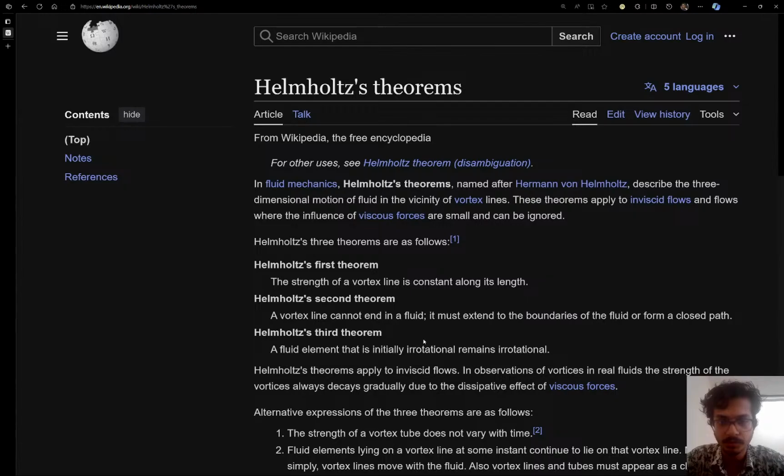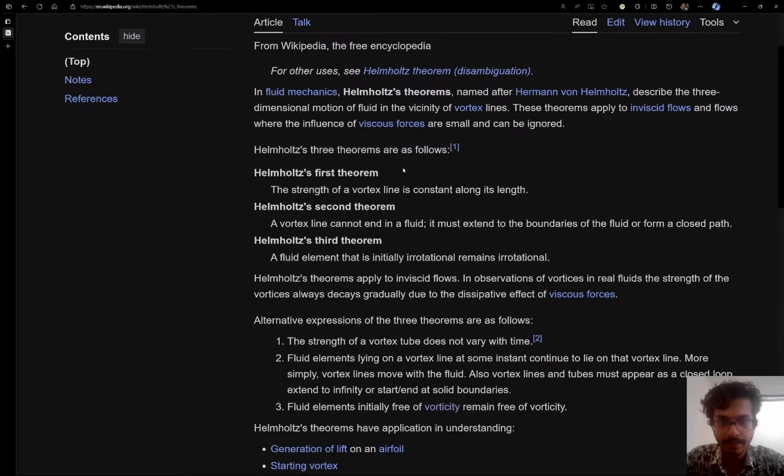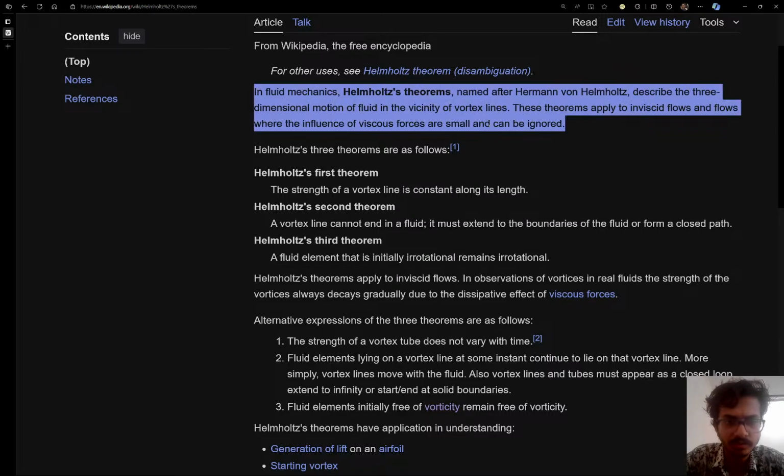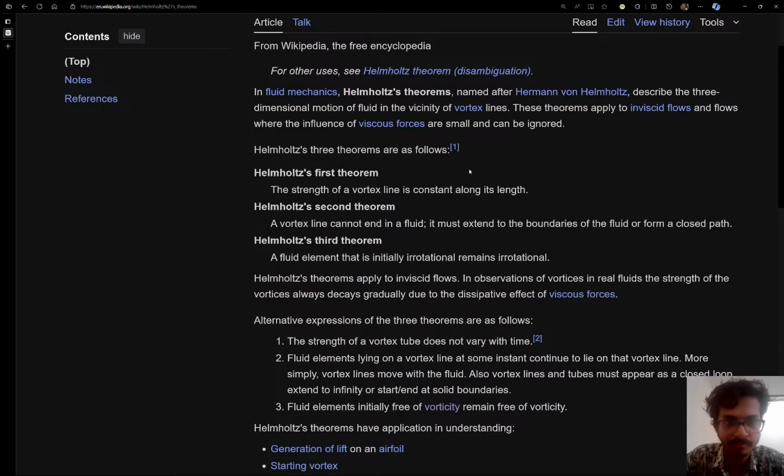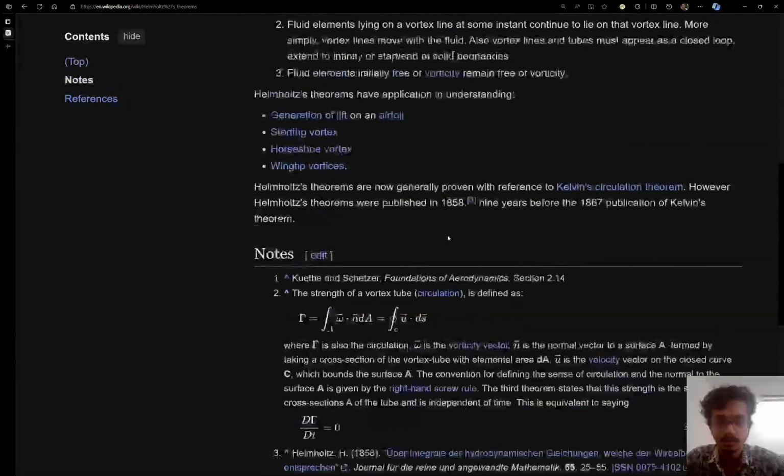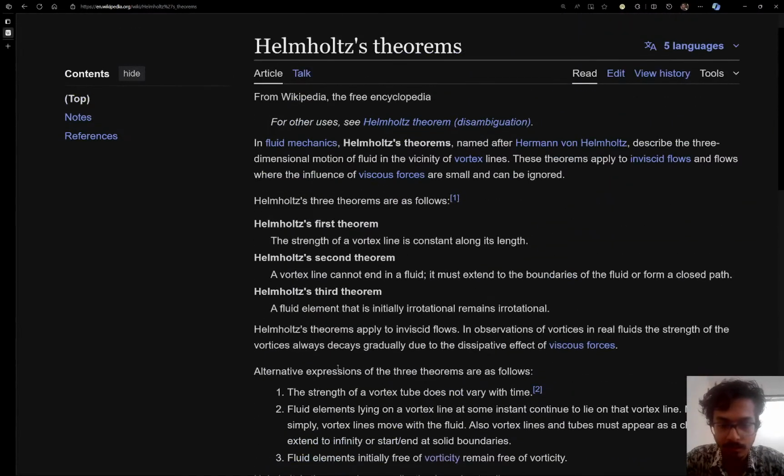Helmholtz theorems state that this holds for all inviscid flows. Ideal flow, I think you need to assume more, like isentropic flow or something like that. Anyway, they are stating that the strength is constant.